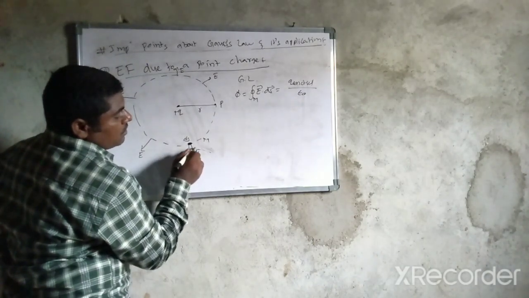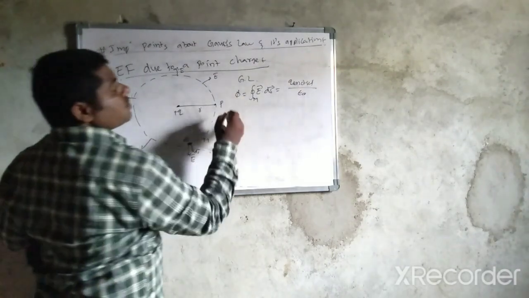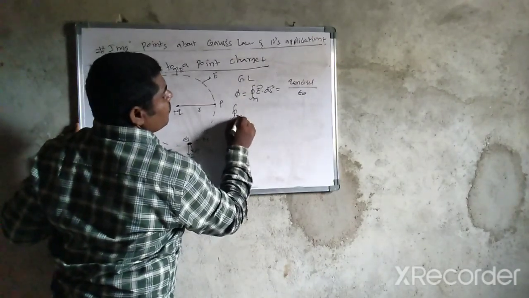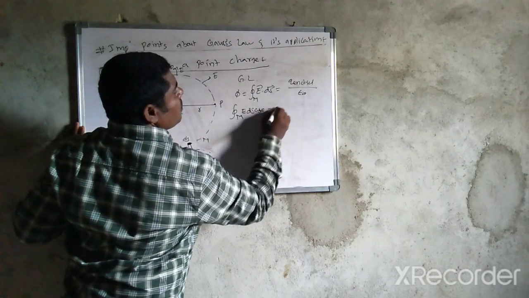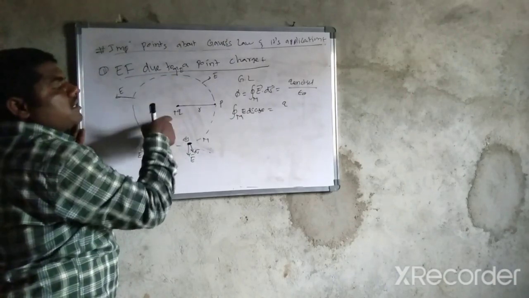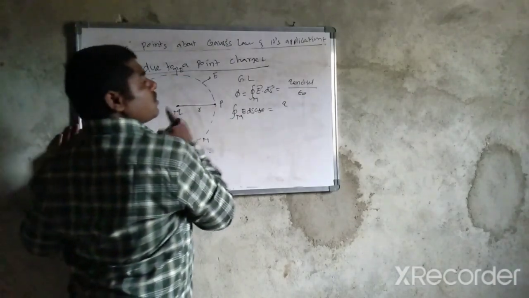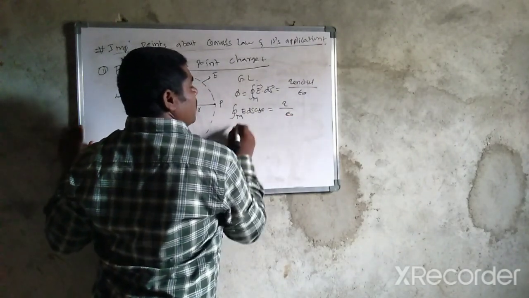The angle between the area vector and the electric field is 0. Substituting, the closed integral of E ds cos theta is equal to the enclosed charge, only one charge Q, divided by epsilon naught.